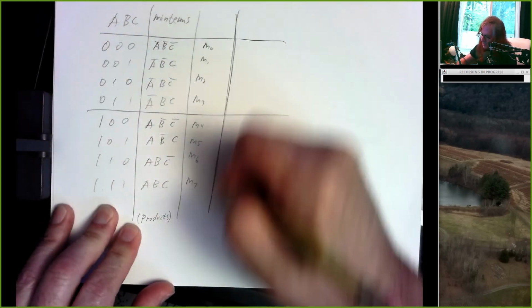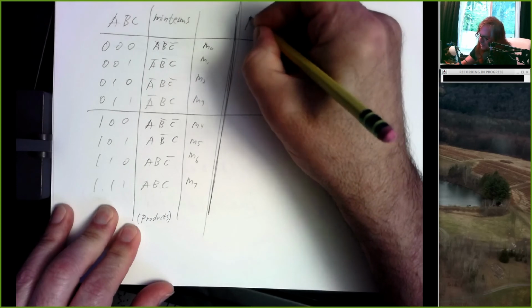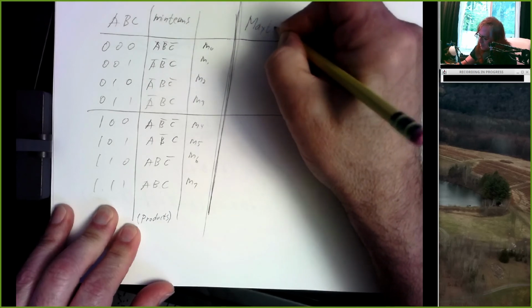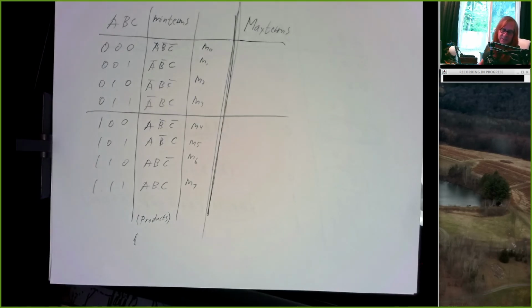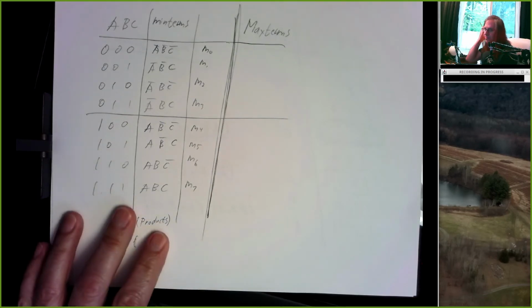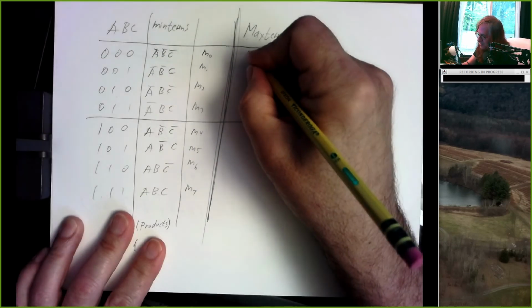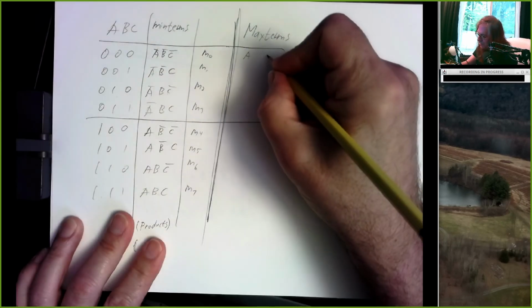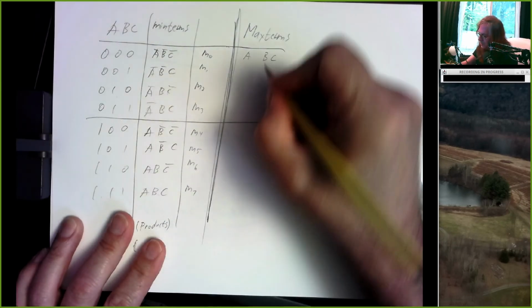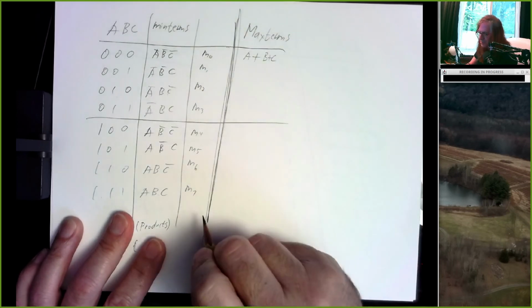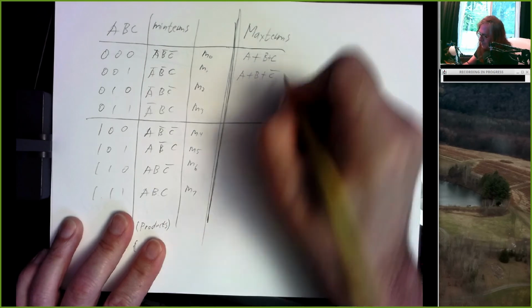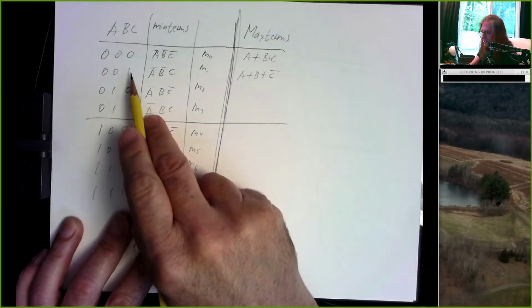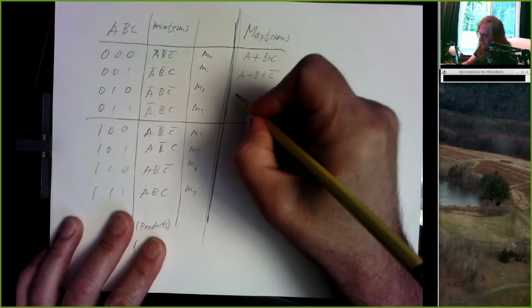So we can define what are called max terms. And for max terms, we just use a slightly different rule. If we have a 0, we write the variable without a bar. And we OR all of our variables together. So here we put a bar over the C because the C input is a 1.